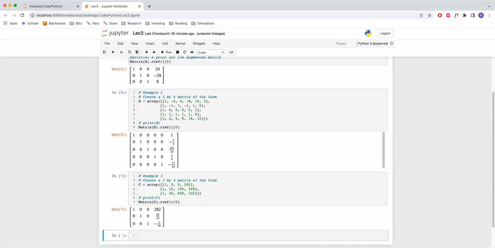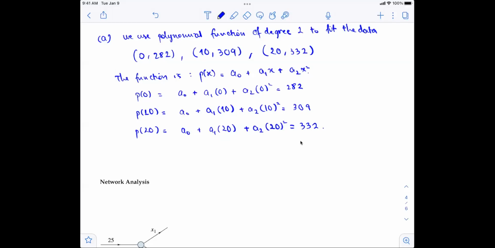This is what we're going to see. A0 is equal to 282, A1 is equal to 29 over 10, and A2 is equal to negative 1 over 50. So let me go back to the notes now.